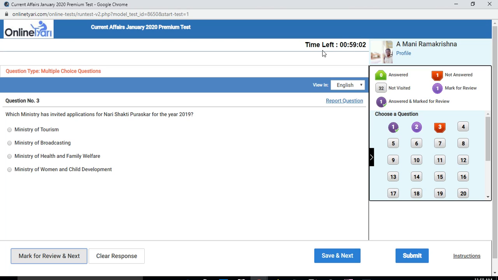Similarly, how much time is left is also shown here. Your profile will be shown with the signature and the photograph. Okay, here we'll start. First we'll go for the first question.